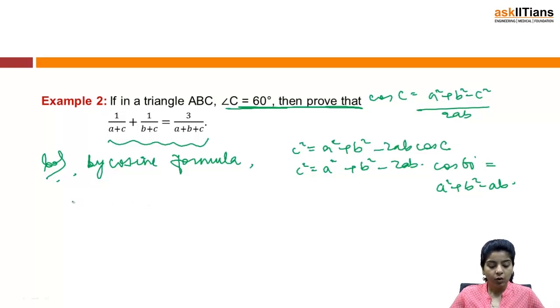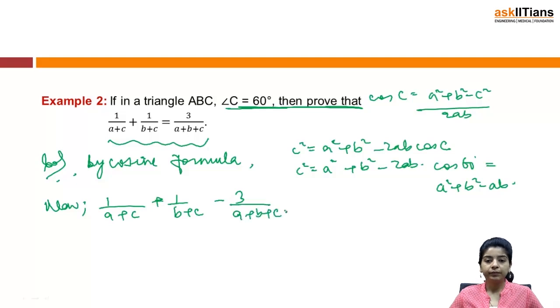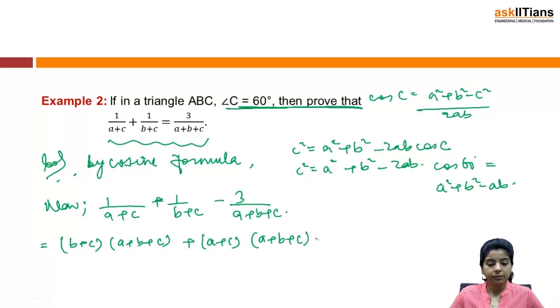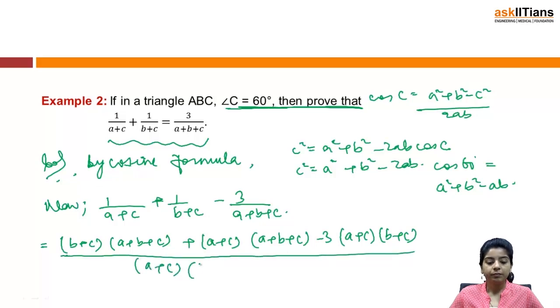Right. So now 1/(a+c) + 1/(b+c) − 3/(a+b+c). We take the LCM, and what we get is (b+c)(a+b+c) + (a+c)(a+b+c) − 3(a+c)(b+c), divided by (a+c)(b+c)(a+b+c).